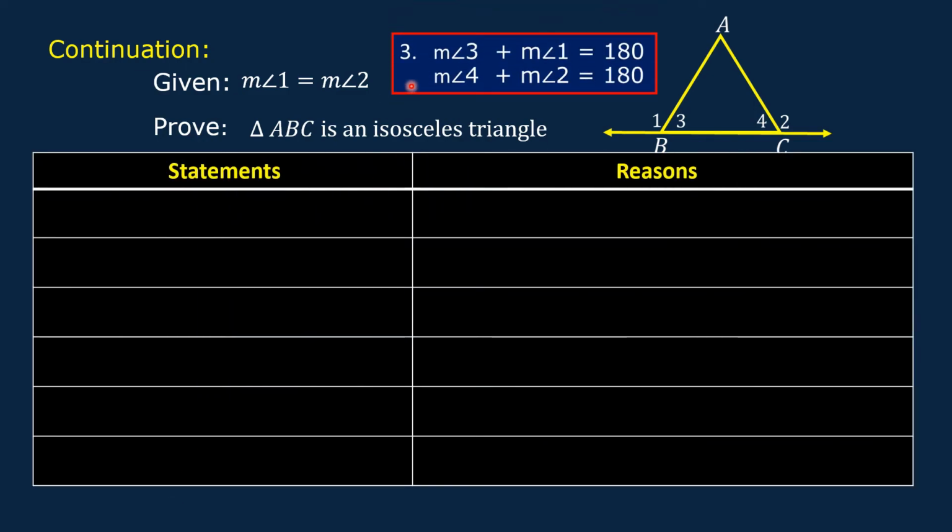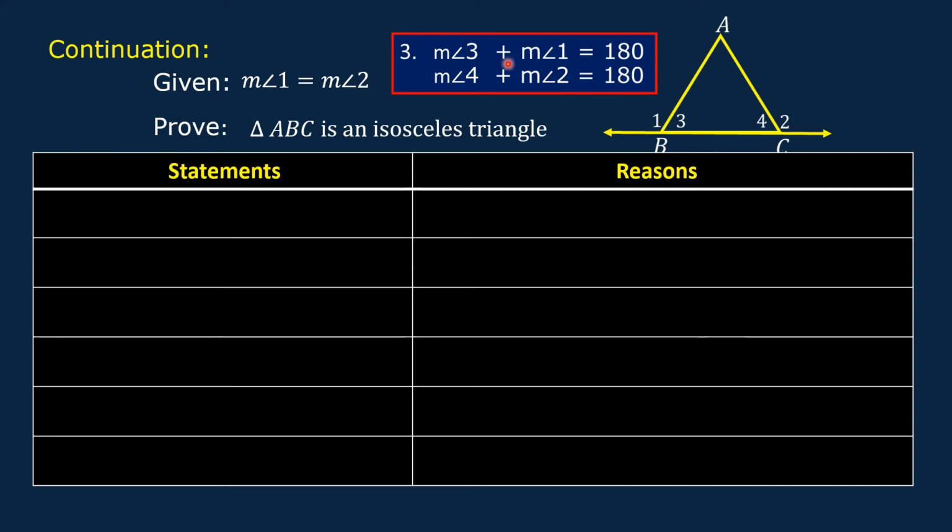In statement number 3, we said that the measure of angle 3 plus the measure of angle 1 is equal to 180 degrees. The measure of angle 4 plus the measure of angle 2 is equal to 180 degrees. You can see that the right sides of these two equations are equal.